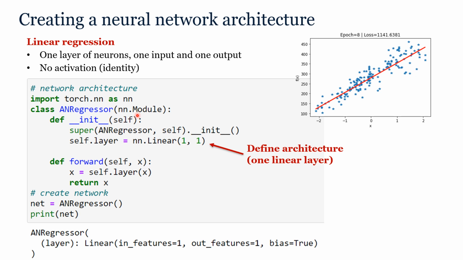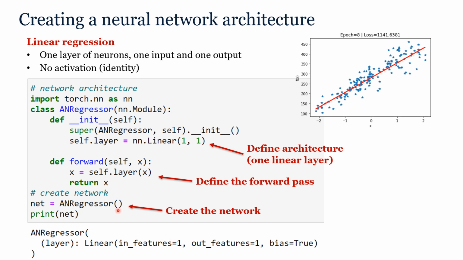It is derived from the Pytorch class torch.nn.Module. We define the network architecture as a single linear layer with one input and one output, which will produce univariate linear regression. We also need to define the forward path, which will evaluate the output of the network. In the forward path, we will evaluate the linear layer for the input x.